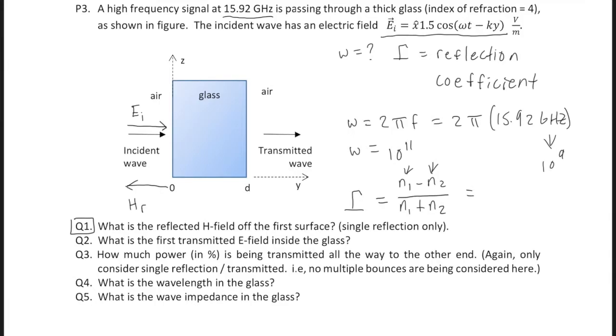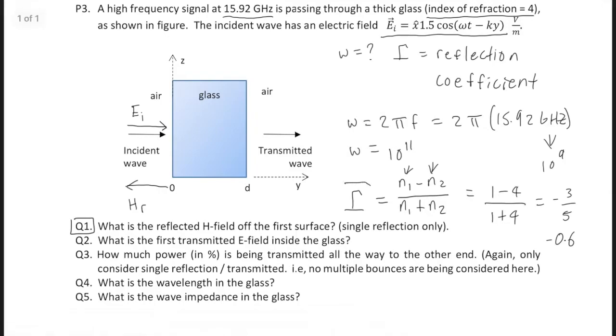This will give us 1 minus 4 over 1 plus 4, which will give us a value of negative 3 over 5, or negative 0.6. And we know that N2 is going to be 4 because it's given. Index of refraction is equal to 4. Air is almost always 1. There are some times where it may not be 1, but for this problem, we're just going to assume that it's 1.